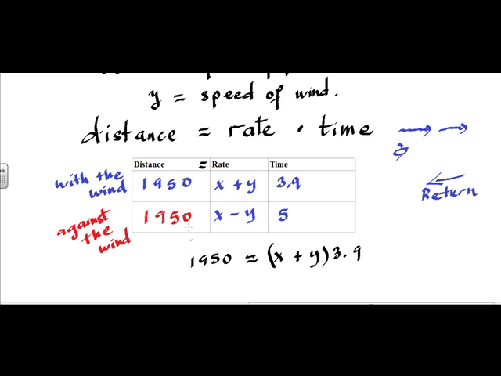And then the second equation, we have 1950 equal to x minus y times 5. Those are the two equations that we get based on the information they give us.